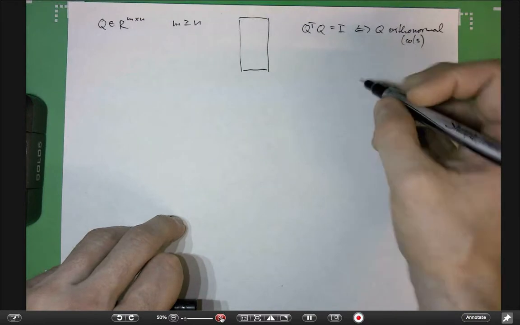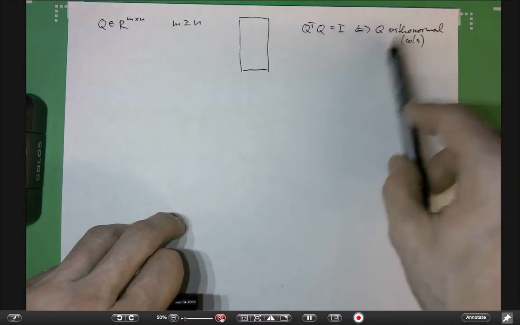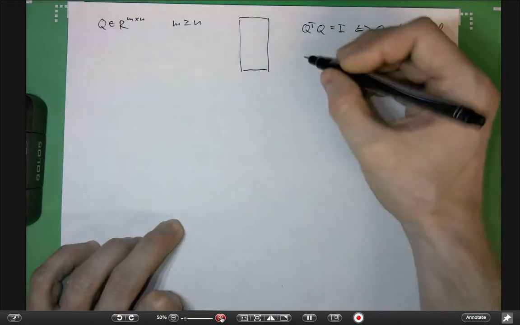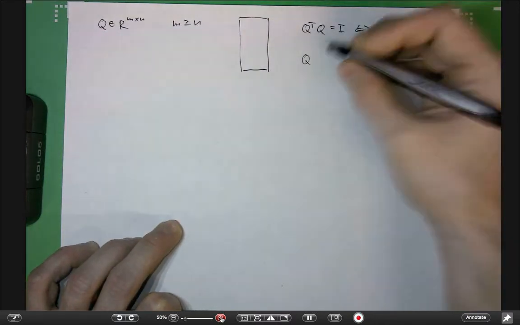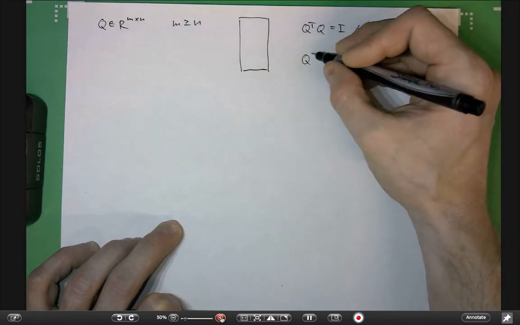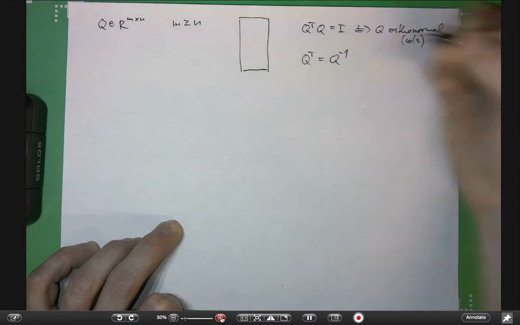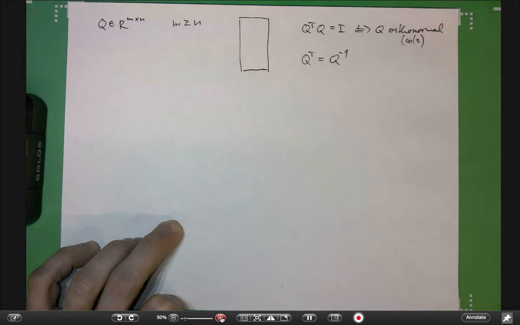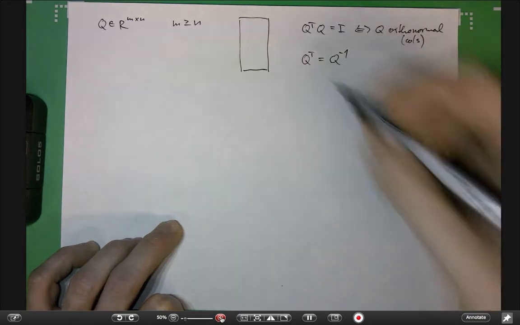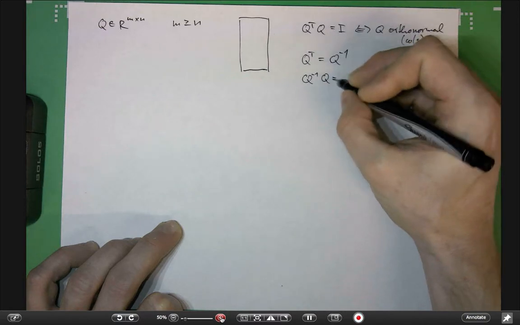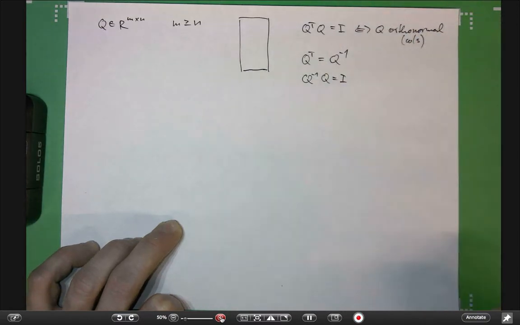If Q happens to be square, oh yeah, here is one fact I wanted to tell you. If Q happens to be square, then the fact that Q is orthonormal implies that QT is exactly Q inverse. Because if I have a square matrix, I can talk about its inverse, right? And the inverse has the property that Q inverse Q is identity, and it's unique if it exists, right?